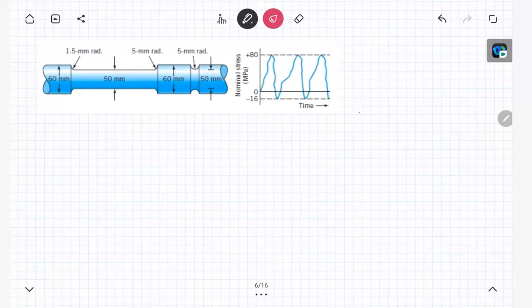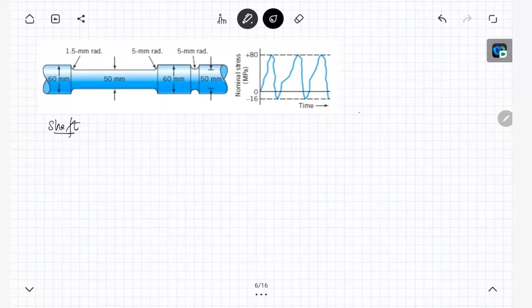Okay, for these questions, we see that it is a shaft with a diameter of 50 mm.